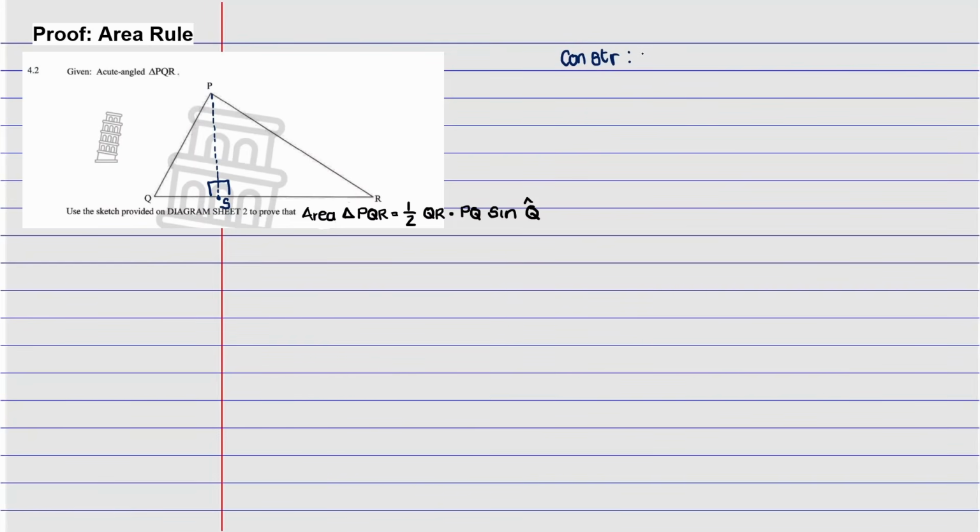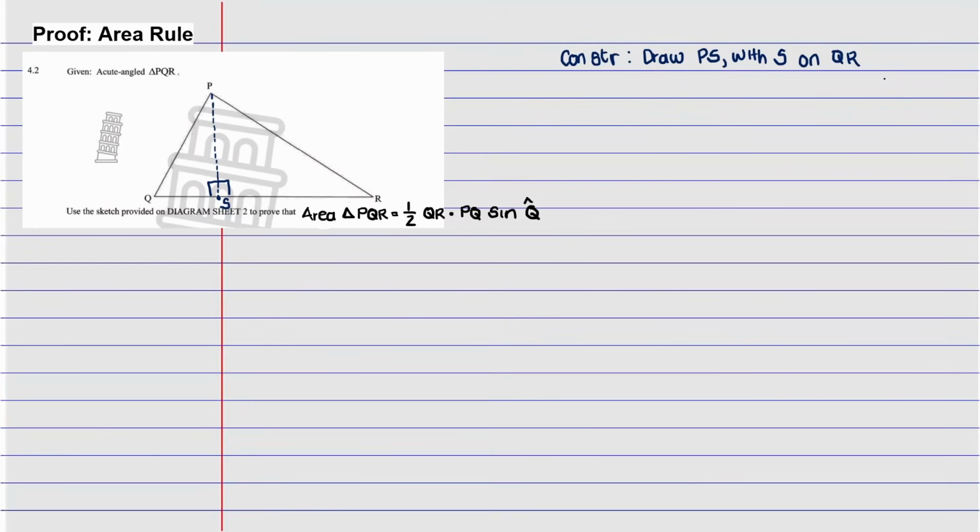We're going to say: draw PS, that's the dotted line, with S on QR. Do you see that S is lying on QR?